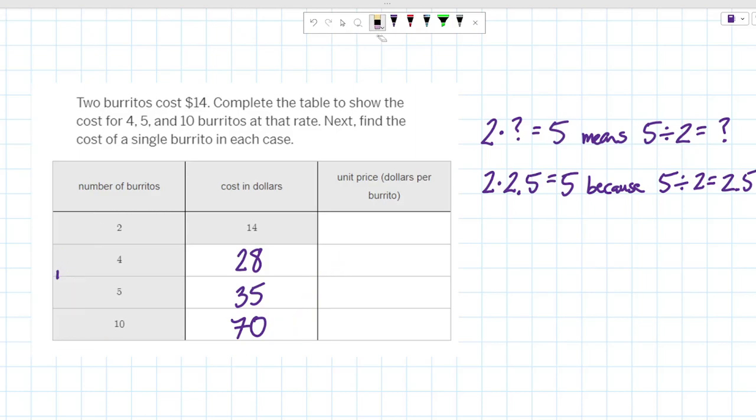So now let's finish the problem by finding the cost of a single burrito in each case. So if we get 2 burritos for $14, how would we find the cost of 1 burrito? Well, we have these 2 equal things, these 2 burritos, that their cost ends up being $14.